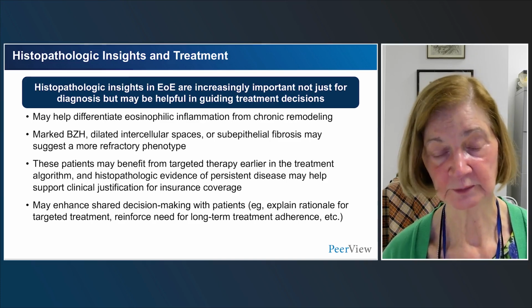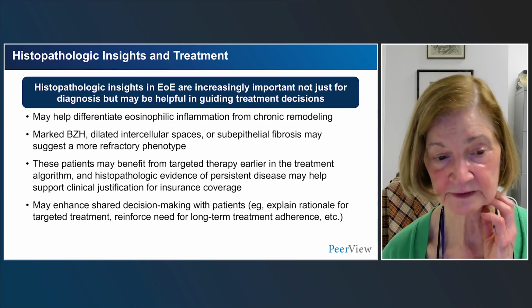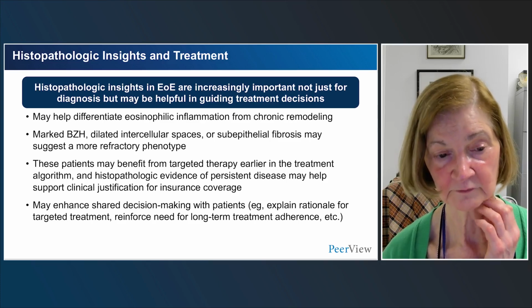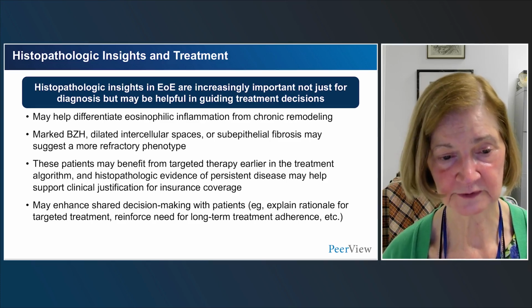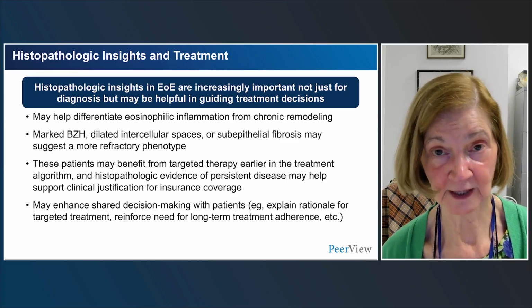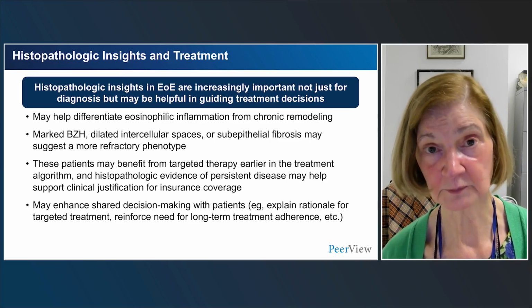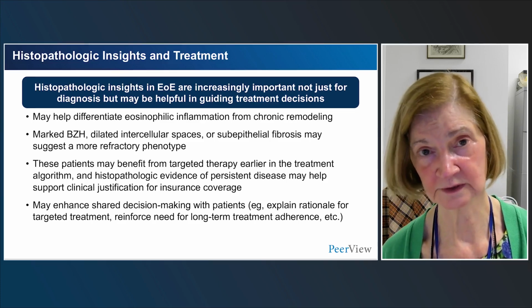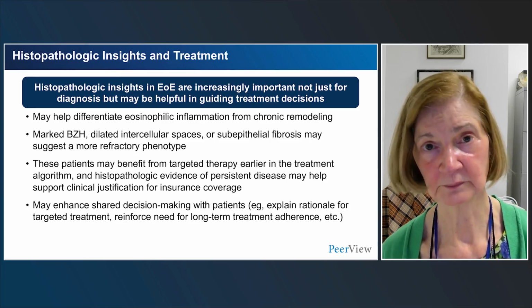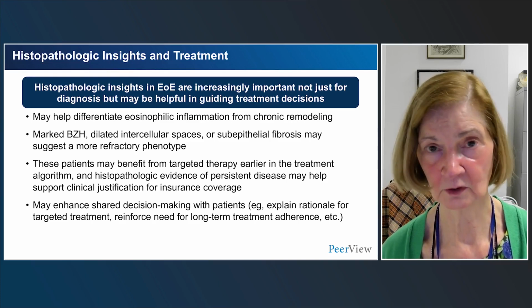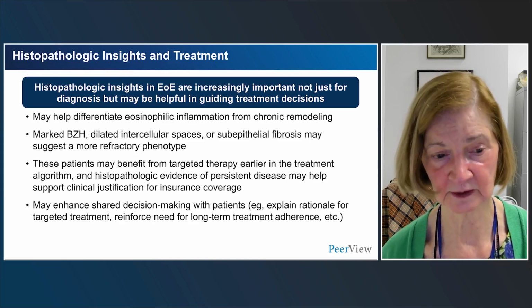Marked basal zone hyperplasia, dilated intercellular spaces, subepithelial fibrosis or lamina propria fibrosis may suggest a more refractory phenotype, especially if they are persistent, and that's where a scoring system helps. You can look back and see how long those abnormalities have been there.